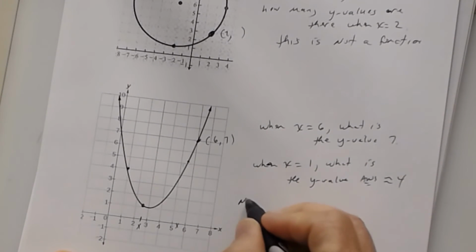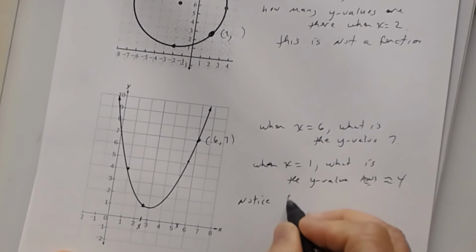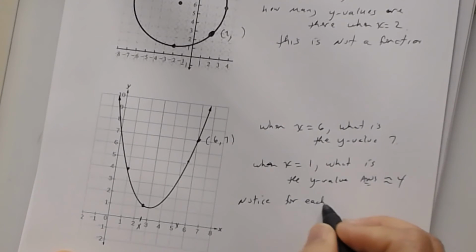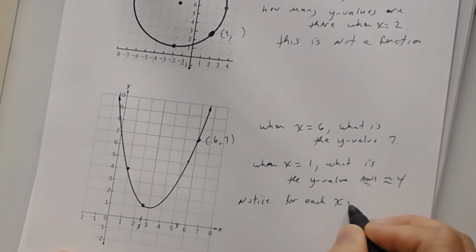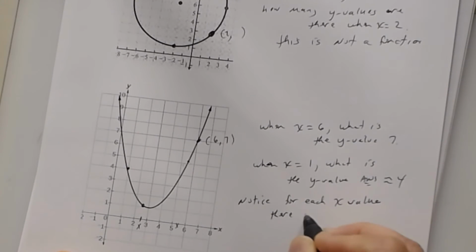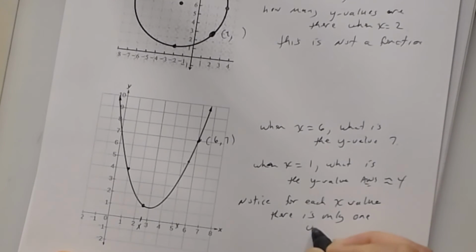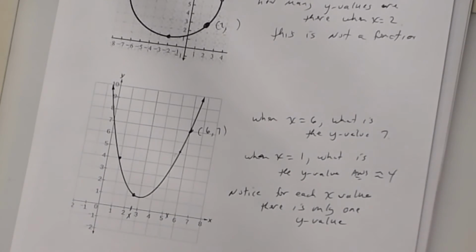So notice, for each x value, there is only one y value. Okay? For each x value, there's only one y value. So is this a function or not a function? It's a function. This is a function.